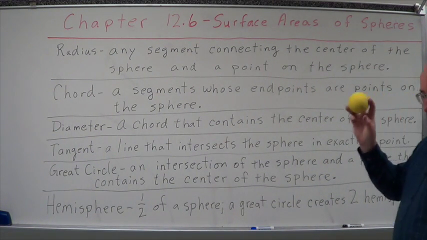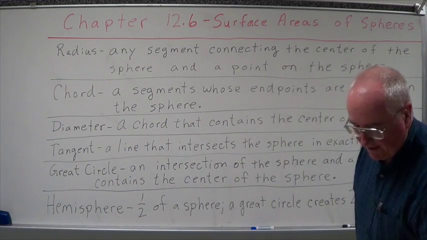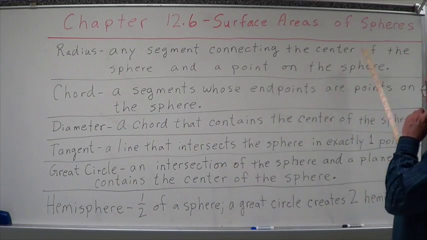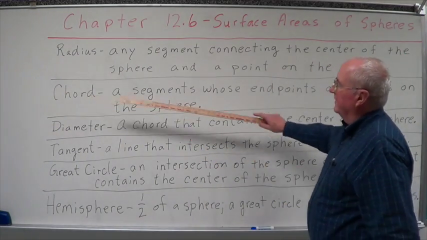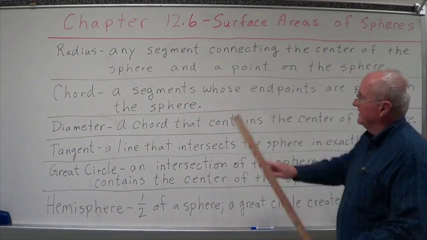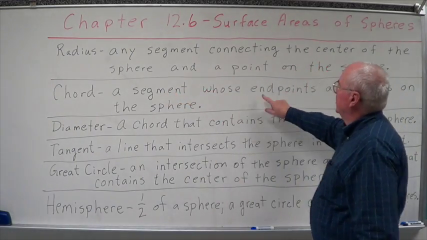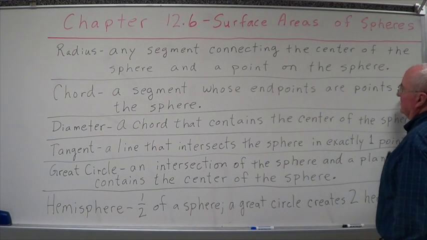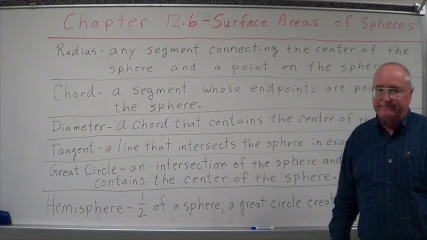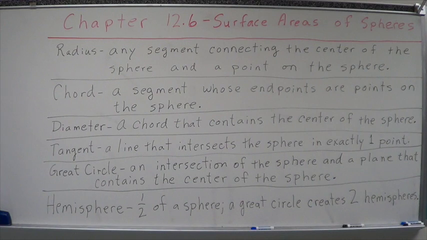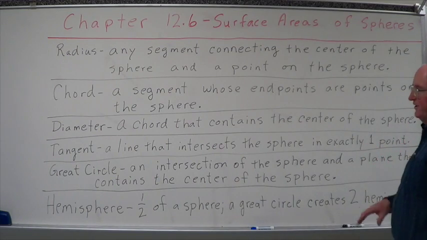This is the same thing. You'll notice that we start using this concept of the center of the sphere. Chord is a segment whose endpoints are points on the sphere. Any segment that has two endpoints that are on the surface of the sphere.